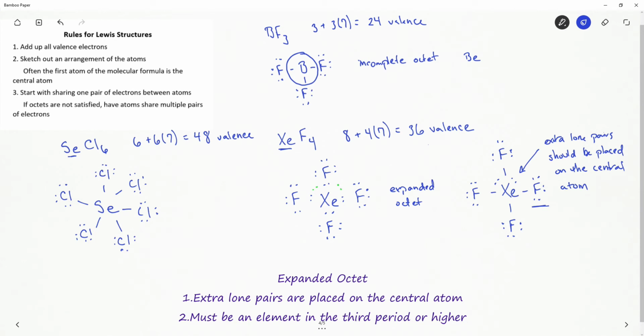Have I used 48 valence electrons? You can see that things get a little crowded when you've got 6 atoms around a central atom, don't they? When that happens, just make sure for your reader's sake that you keep those electron pairs very clear so they know where they go.